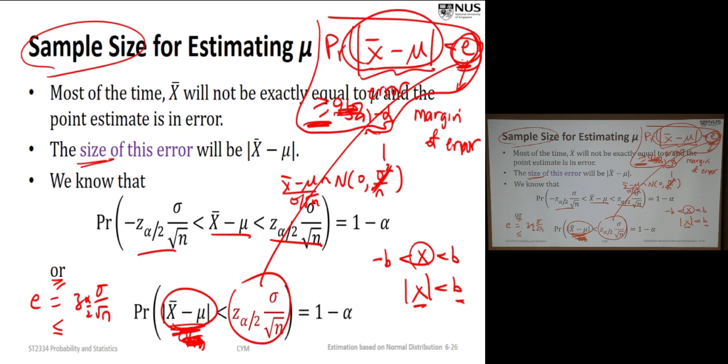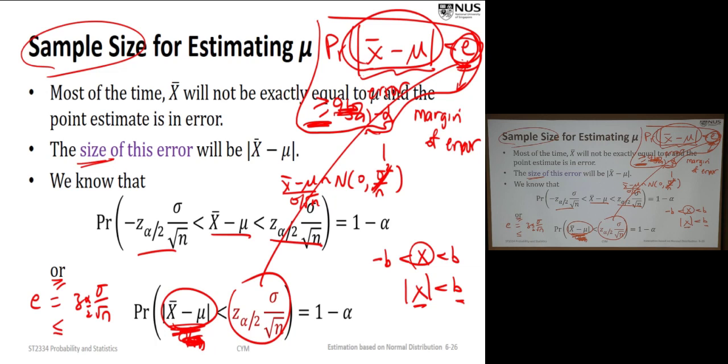Is it smaller than 90% or bigger than 90%? Of course it's bigger than 90%. Now you have a bigger interval. So in order to achieve greater or equal to 1 minus alpha, your E must be at least equal to Z alpha over 2 sigma over root n.